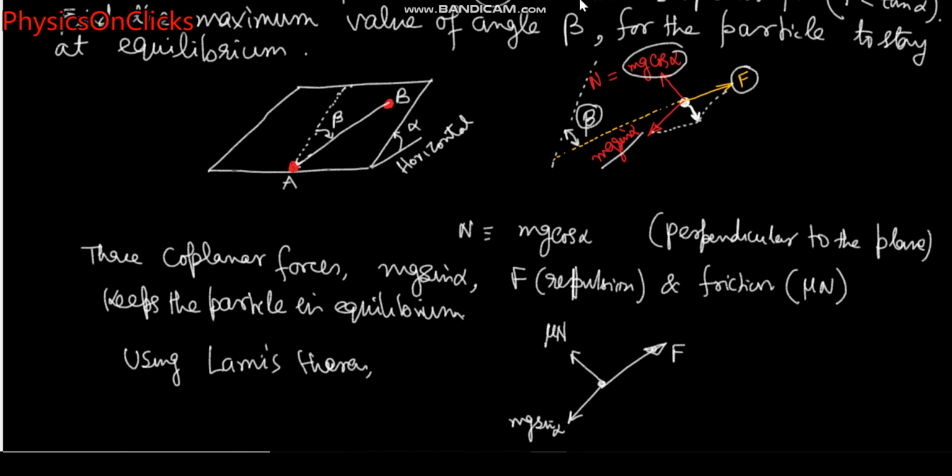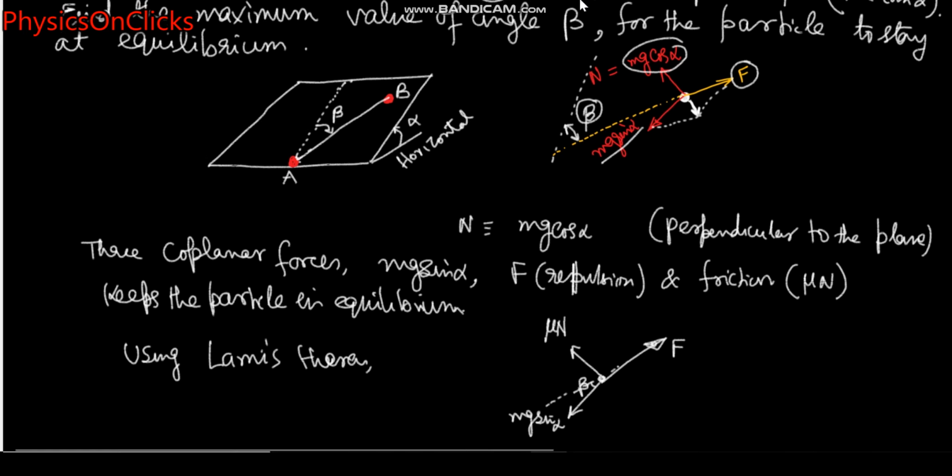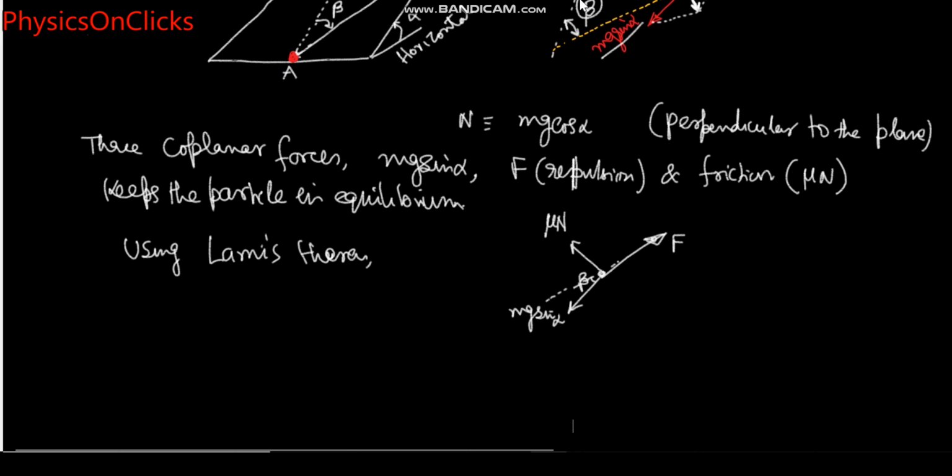So the line of F makes angle beta with mg sine alpha. Further, let me take this angle for the time being as theta. So mg sine alpha divided by the sine of the angle between F and mu times the normal reaction, that is sine theta.